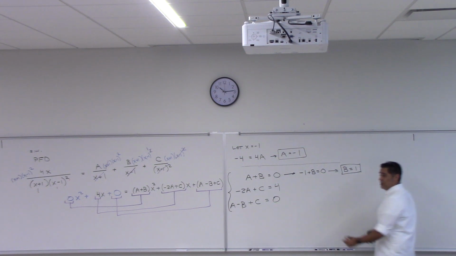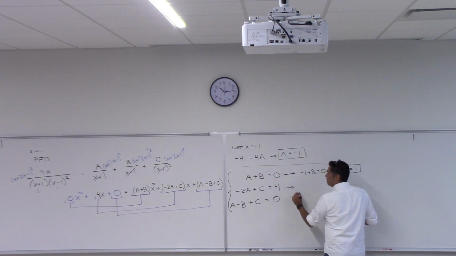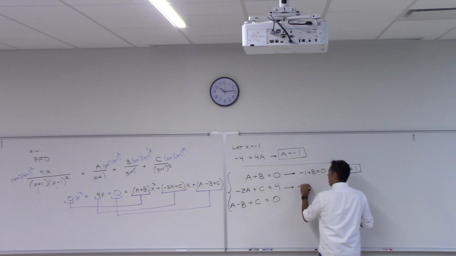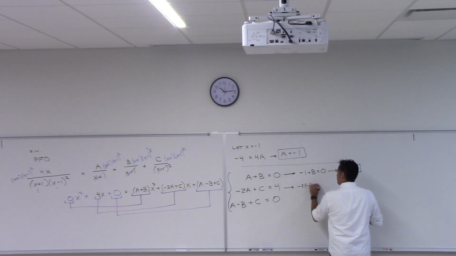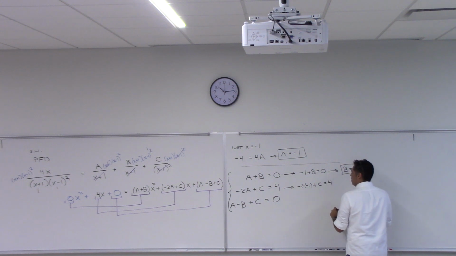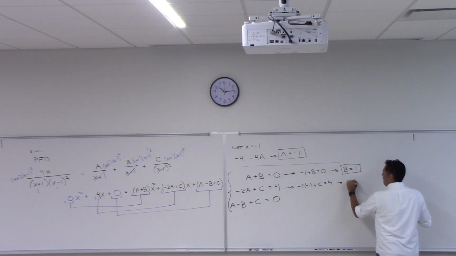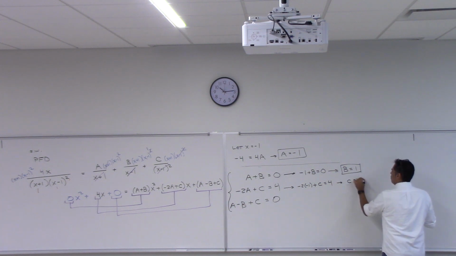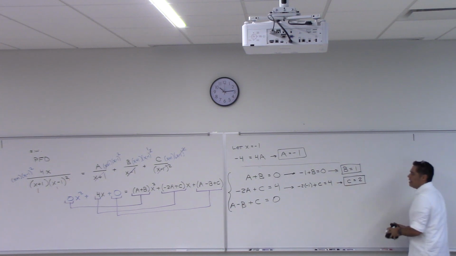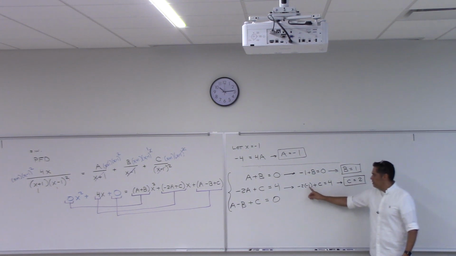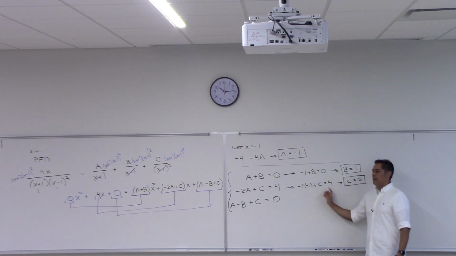And then, fortunately for us, I can do this one as well, right? Because negative 2 times A, plus C must be 4. And that tells me that C is what? 2. I've got A, B, and C. Right, because these multiply to be 2, and then subtract 2 on both sides.